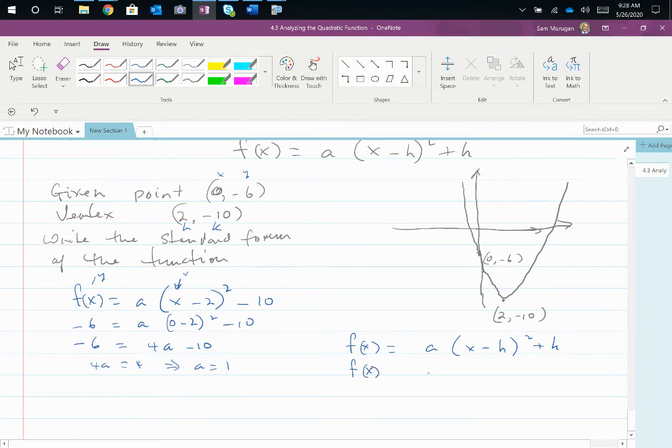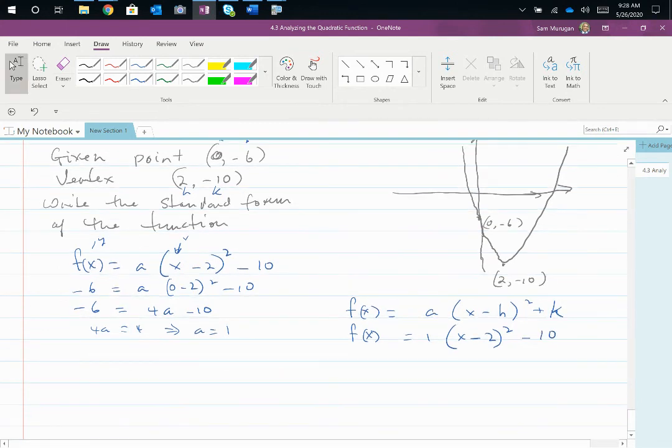We know that a is equal to 1, h is 2, and the k value is negative 10. (x minus 2) squared is doing FOIL, okay? x minus 2 times x minus 2 is x squared minus 4x plus 4, minus 10.